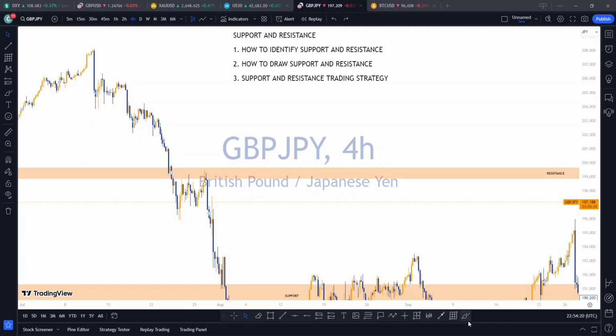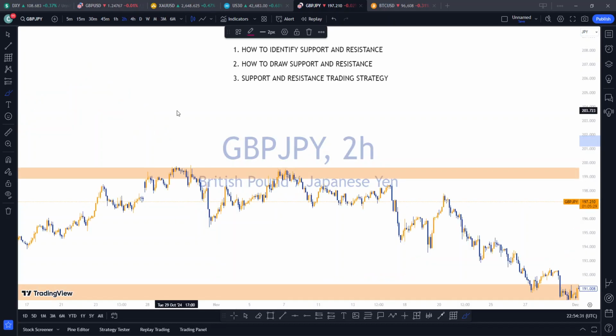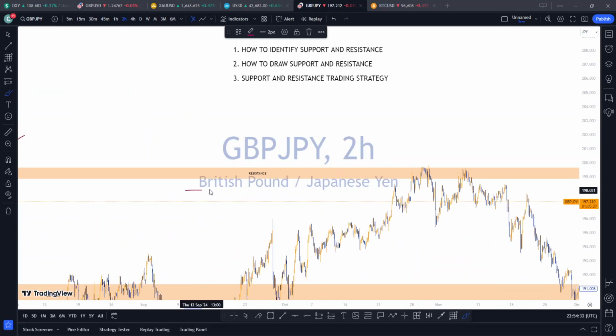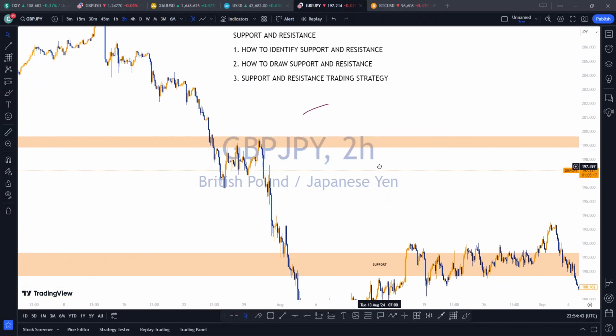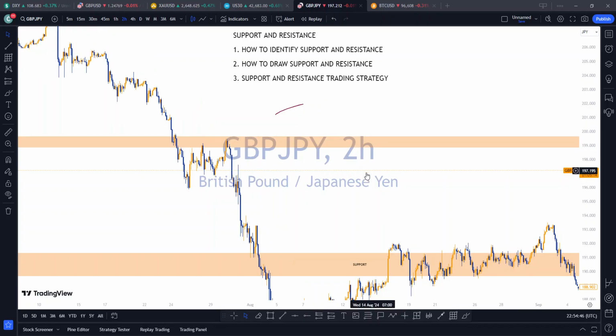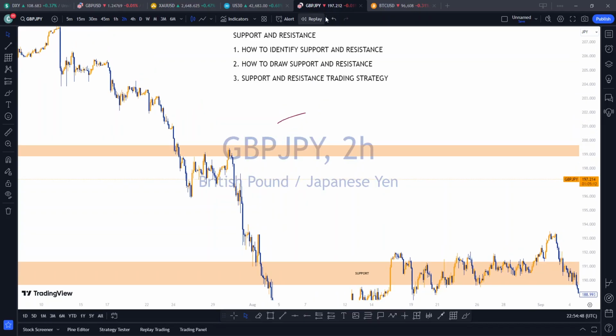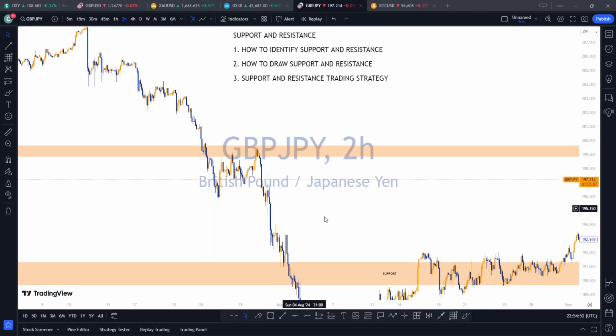This candlestick right here also signifies a bear direction, right? So if you go to a smaller time frame, let's see. So we can see if you come to the smaller time frame right here, right?